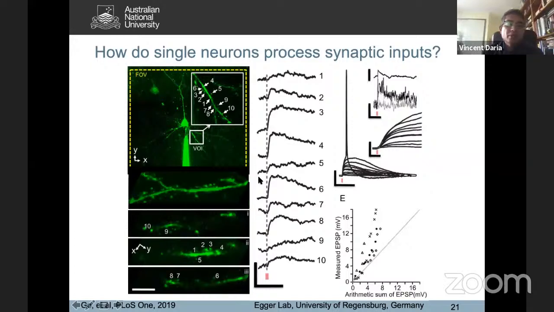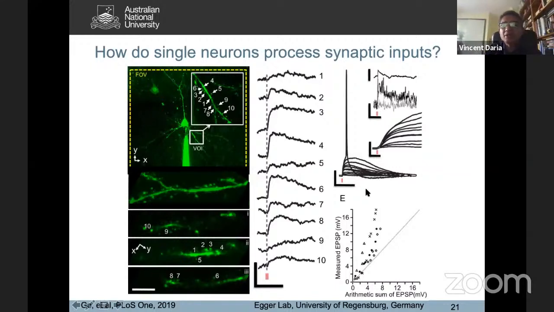So what we've seen in this experiment is that these inputs are actually not integrated by the neuron linearly. If the inputs were integrated linearly, the output response, or the height of these ones here, should follow this line here, because this is just an arithmetic sum. But what we've measured so far is that it increases as you increase the number of inputs.